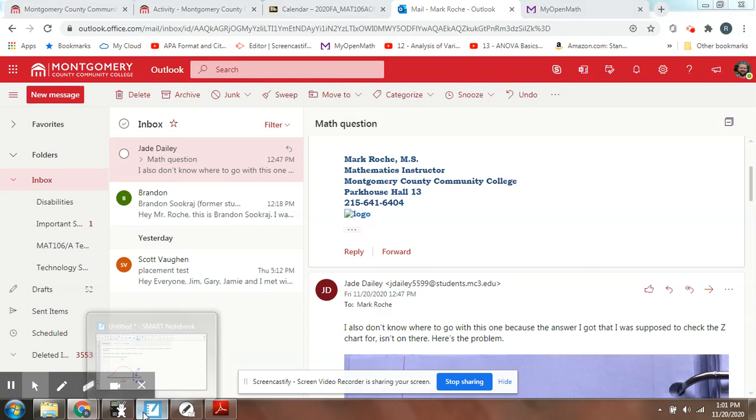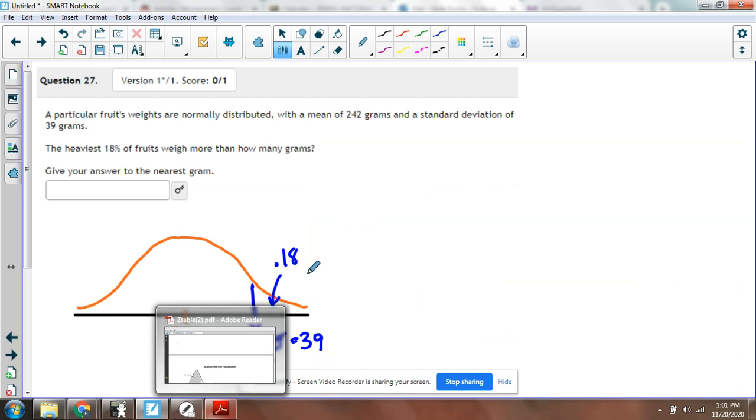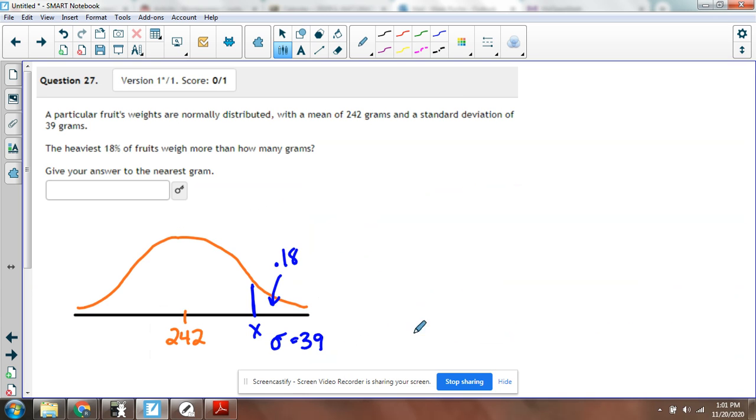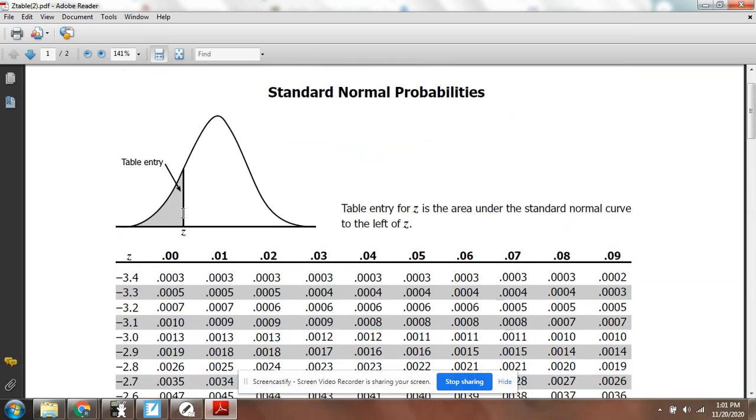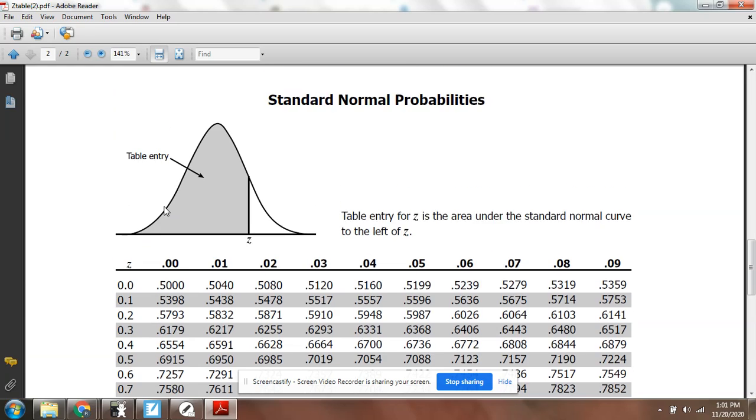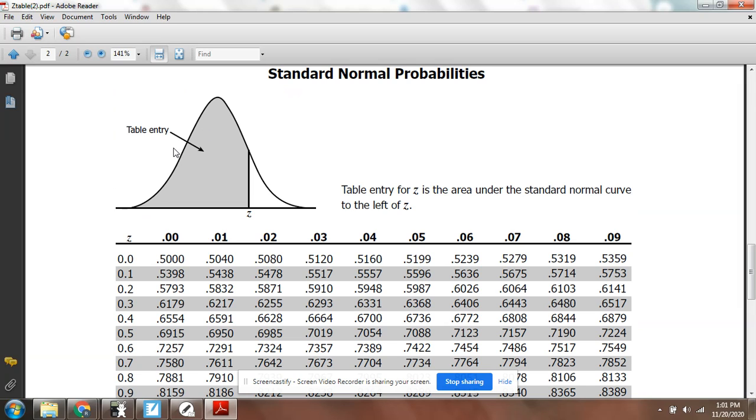Okay, so I'm just going to do the entire process basically backwards. Now the thing to notice is when you look at your Z table, the very top picture here, either if you're on the negative side or the positive side, the picture is always referring to area to the left of some value.